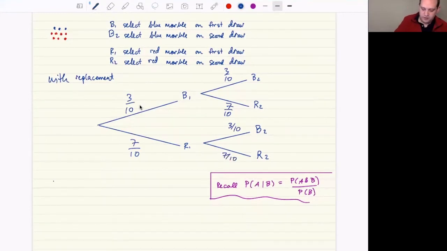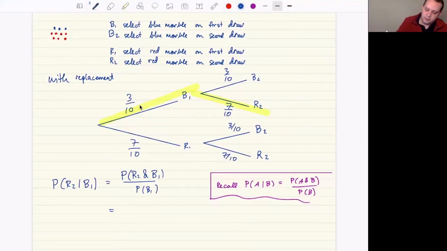And then if you wanted to find the probability of R2 given B1, what you could do is look at what's the probability of R2 given B1. Well, that's going to be based on our formula. That's going to be the probability of R2 and B1 divided by the probability of B1. R2 and B1 is going to be the product of these probabilities going in that route.